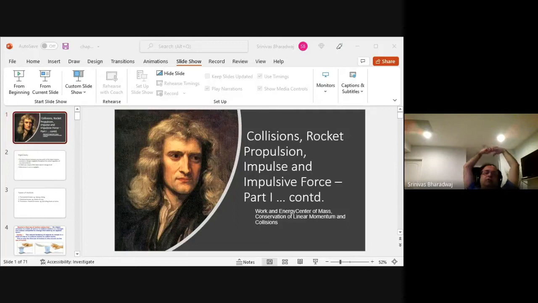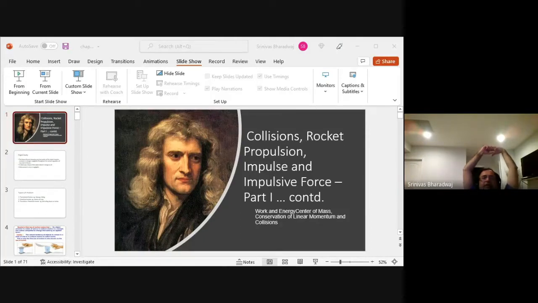Two blocks of masses 10 and 4 are connected by a spring of negligible mass and placed on a frictionless surface. An impulse gives a velocity of 14 to the heavier block in the direction of the lighter block. The velocity of the center of mass is what? Right? So what is the initial momentum? 10 times 14, right? So now what happens to the center of mass?